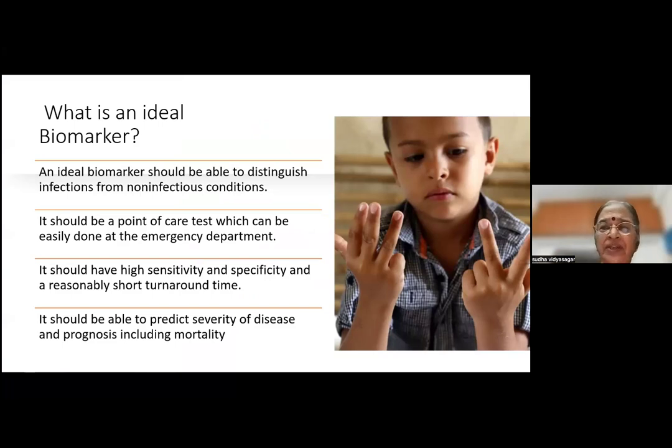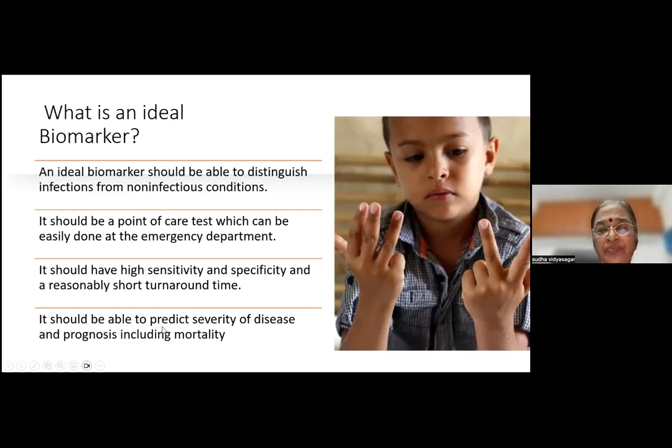Now, what is, in your idea, an ideal biomarker? If you want an ideal biomarker, it should be able to distinguish between infectious and non-infectious conditions. That's the first criterion. It should be a point-of-care test, which can be easily done in the emergency department. It's something that you should be able to get easily. It should have a high sensitivity and specificity and a reasonably short turnaround time.